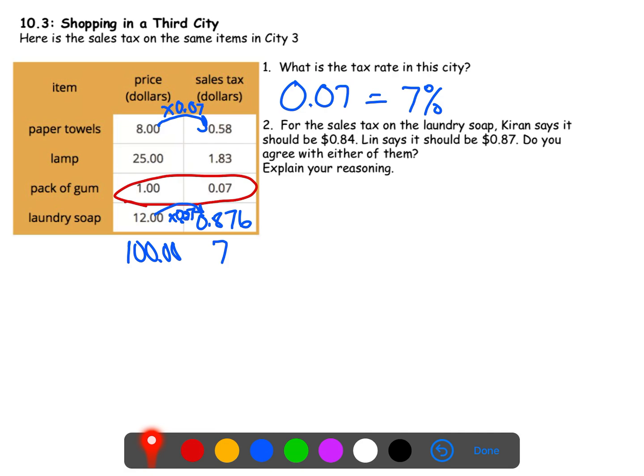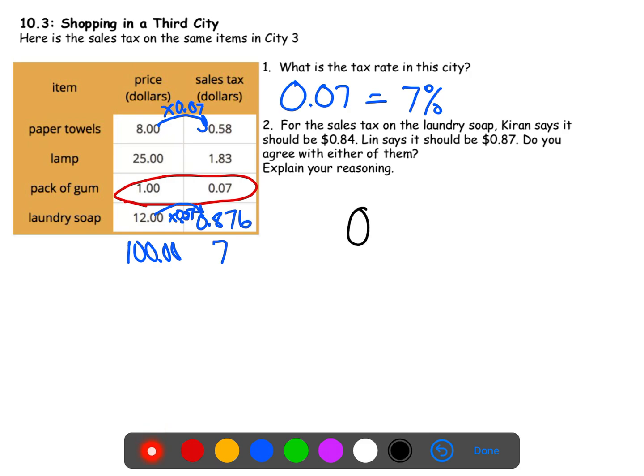Now, for the most part, a store is not going to lose money on your sale, and they're not going to round down. But especially in this case, we can see that this is either 87 cents or it might round up to 88 cents. And looking here at this thousandths place, that's going to tell us to round up to 88 cents.